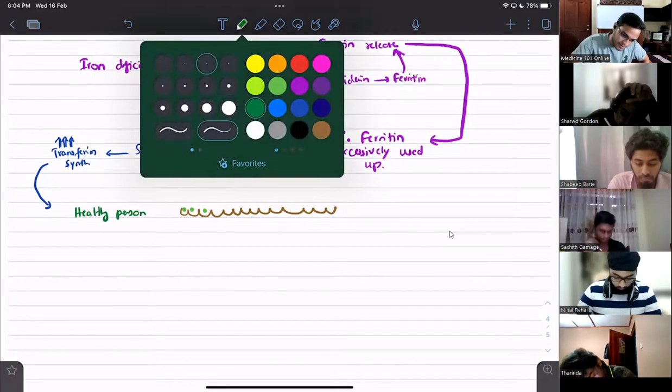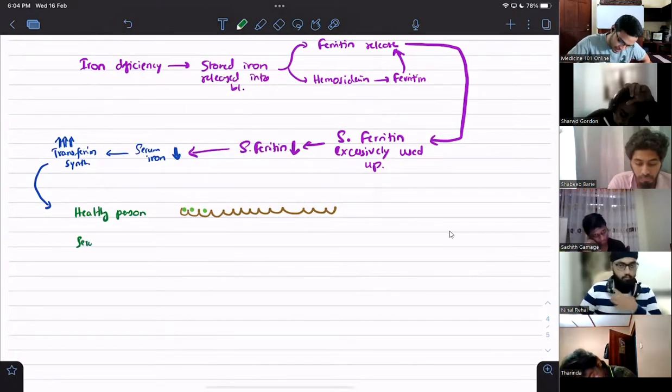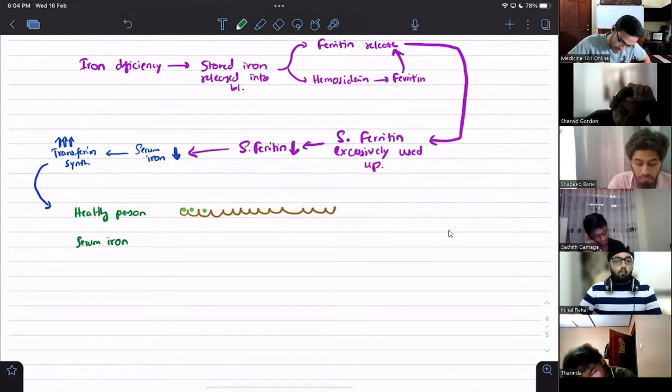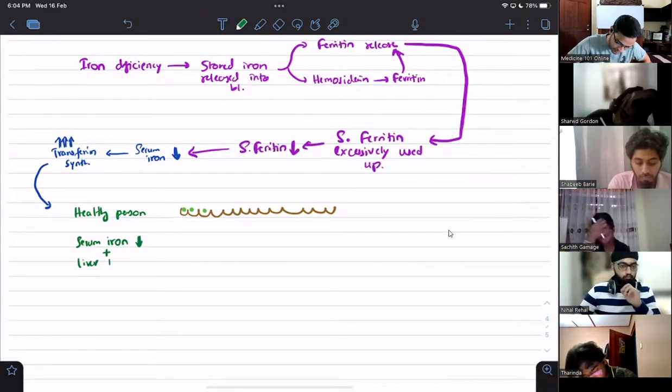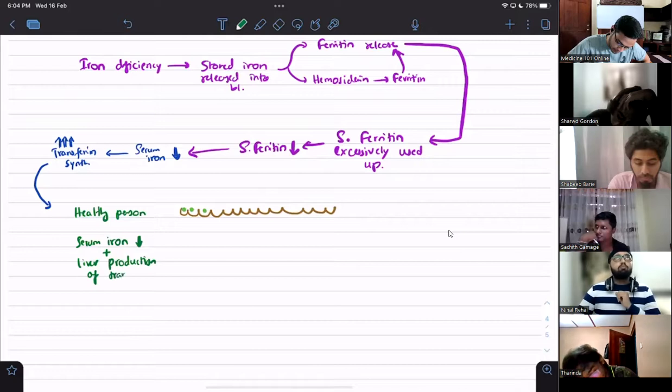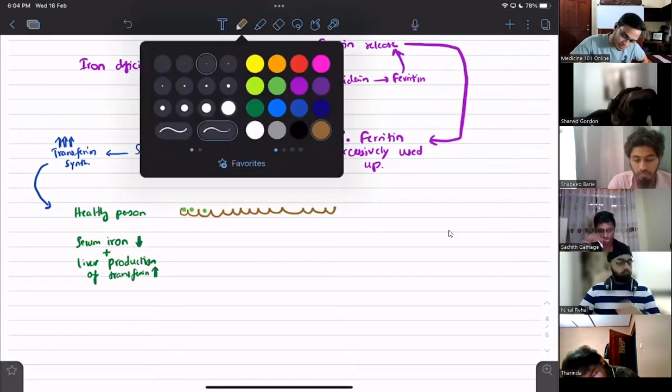Now look at this, guys. When the serum iron is low, plus the liver is trying to compensate, liver production of transferrin is high. What happens, guys? What will it look like?